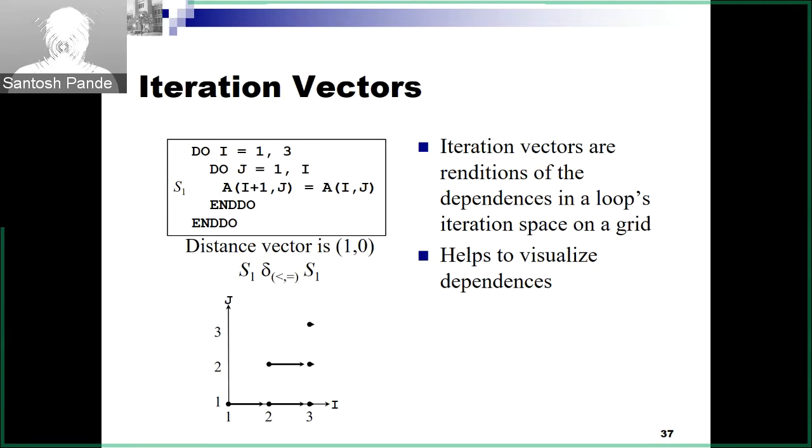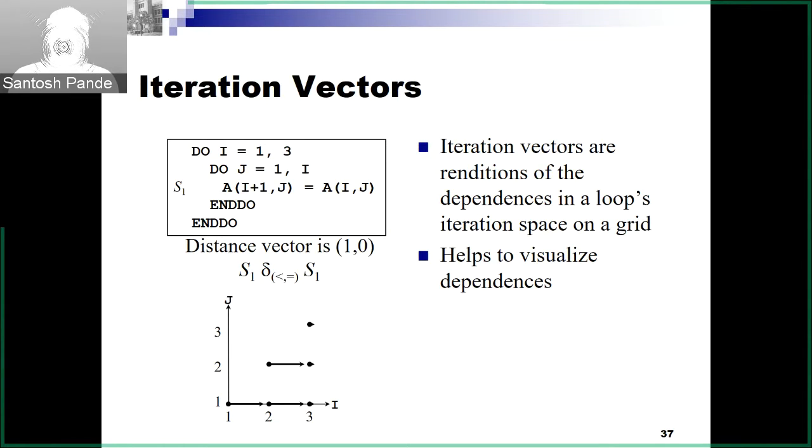Now, what about interchanging I and J loops? So if we interchange those, of course, we'll have to redo the loop bounds and other things, which we can do using some techniques. But you can see that currently the dependence was being carried by the outer loop. Instead of that, we will be carrying the dependence in the inner loop, in the I loop, and that will also be fine.